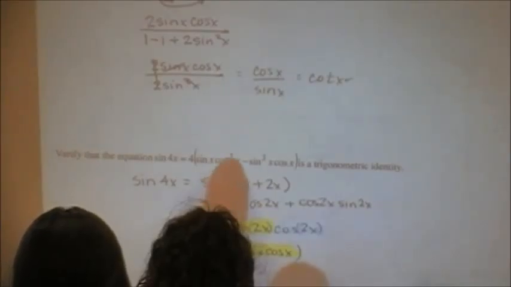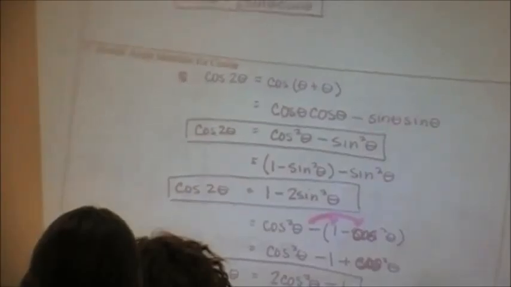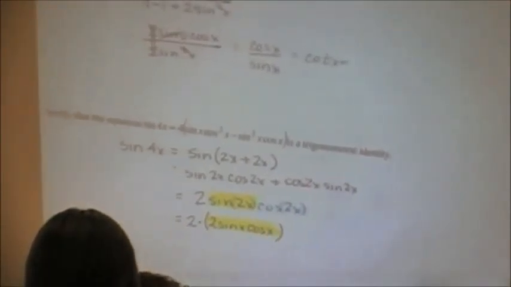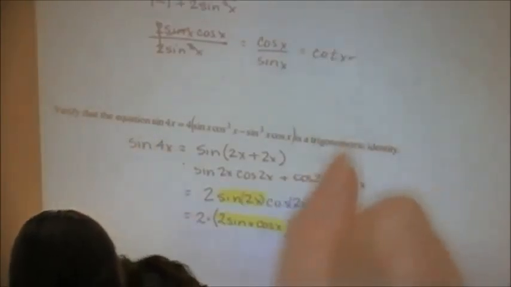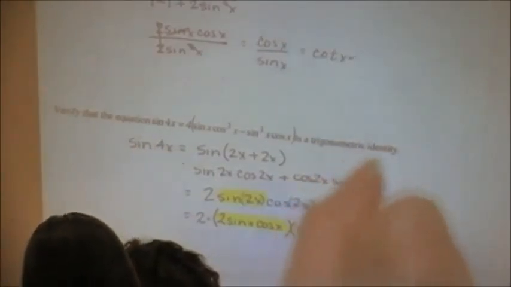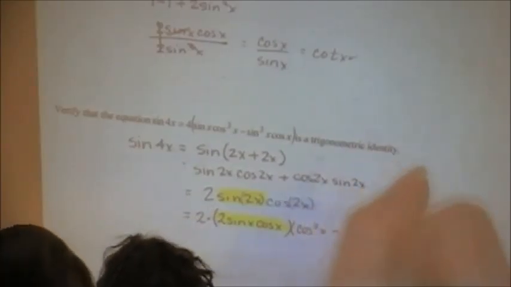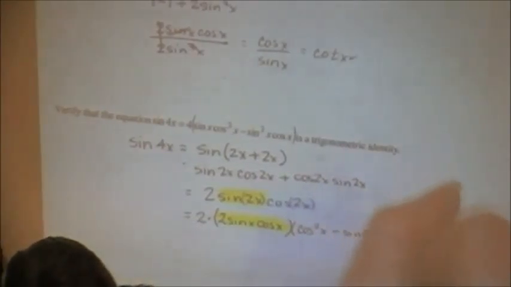I need a cosine cubed, so the first one or the third one? Well, the third one might get me there, but I need a sine cubed also. Let's go with the first one. Yeah, the first one will get us there easier. Now, they'll all get you there, but the first one will get you there faster. So I'm going to replace cosine 2x with cosine squared x minus sine squared x.